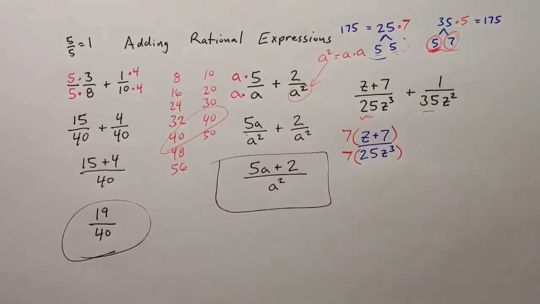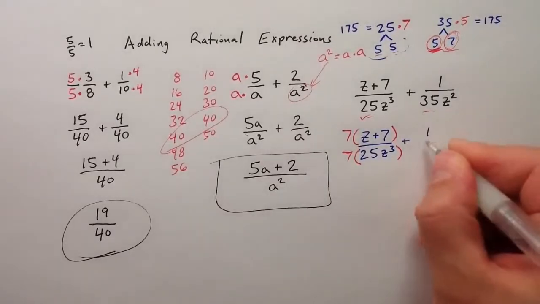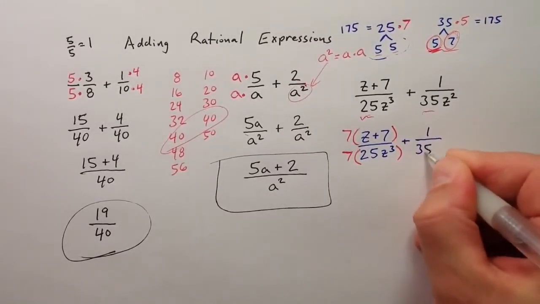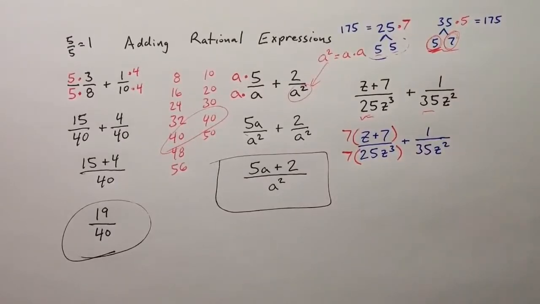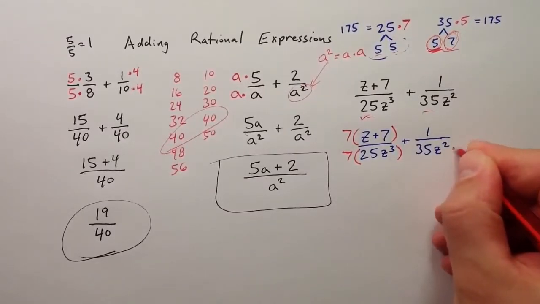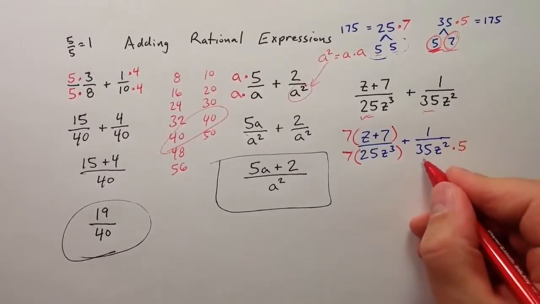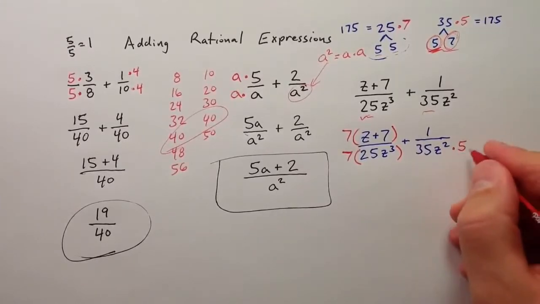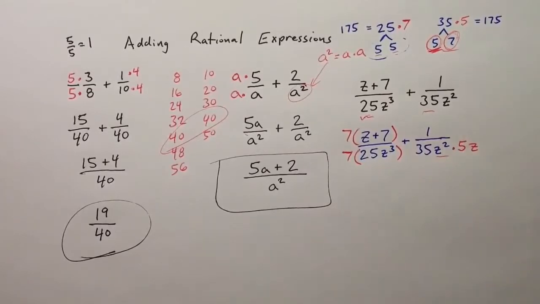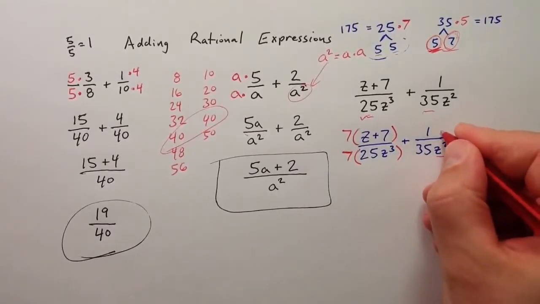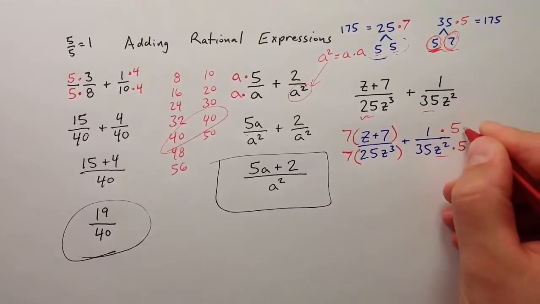For the other rational expression, 1 over 35z squared, I want to multiply the top and the bottom by 5 to turn the 35 into 175, and also by another z to turn the z squared into z cubed. But then of course I need to multiply the top by 5z.